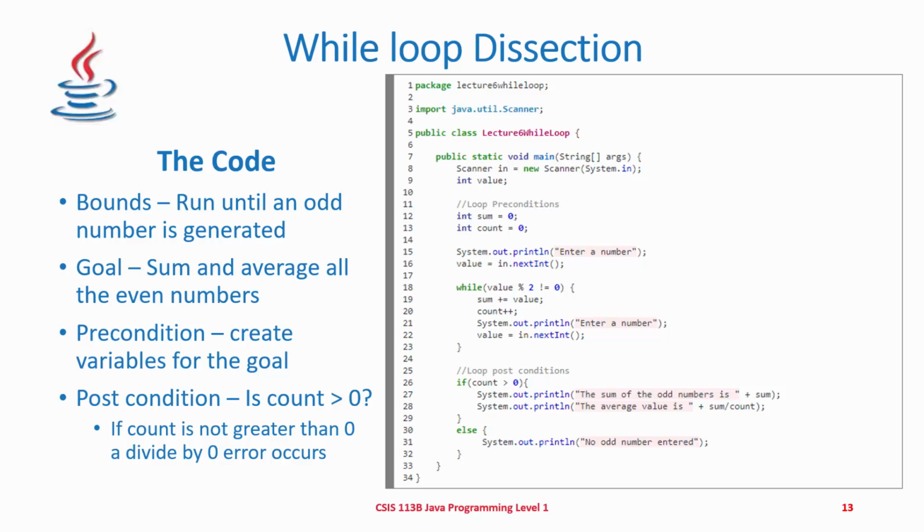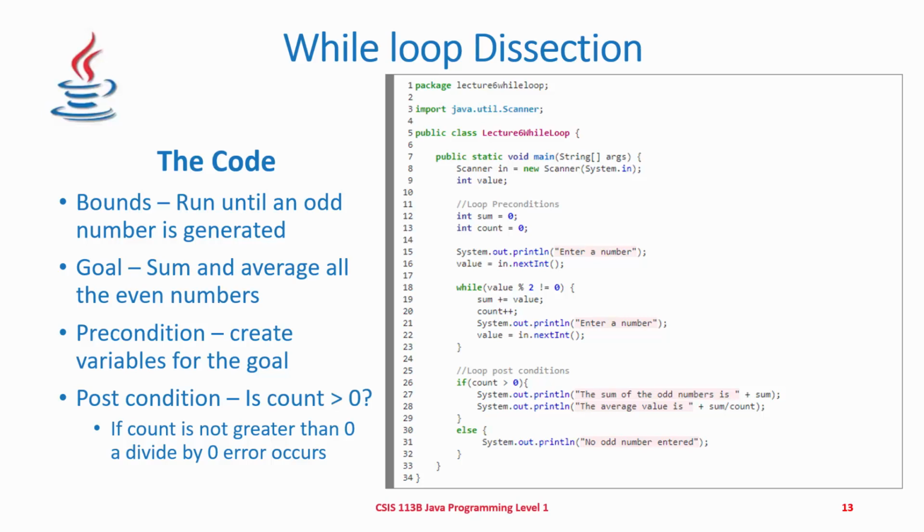That is good coding, because the first prompt and the assignment to value has to be completed before the while loop begins. We're priming the while loop at that point. We're getting the initial value, and then once we're in the while loop, we want to just keep prompting them and taking in values again, as long as they do not enter an even value.